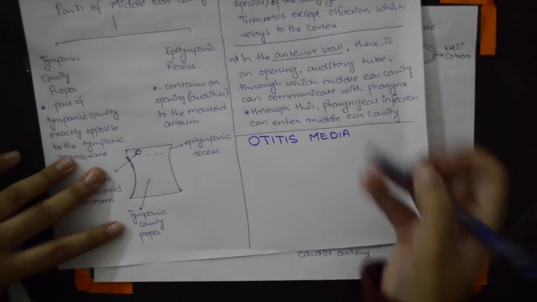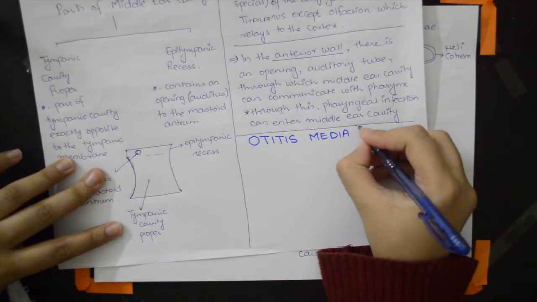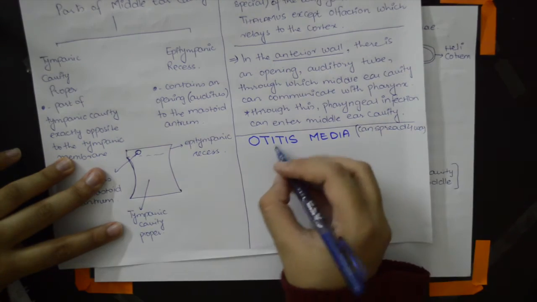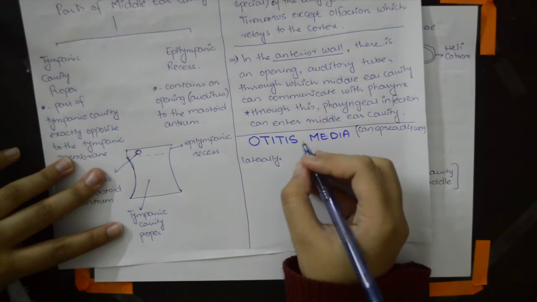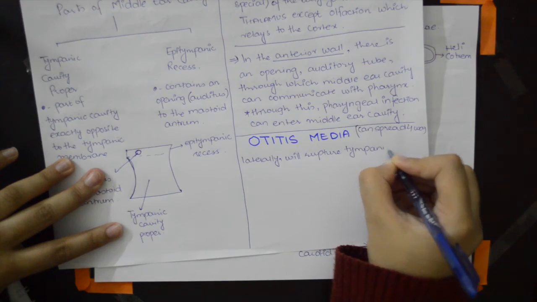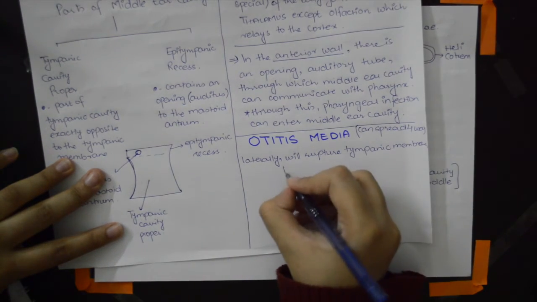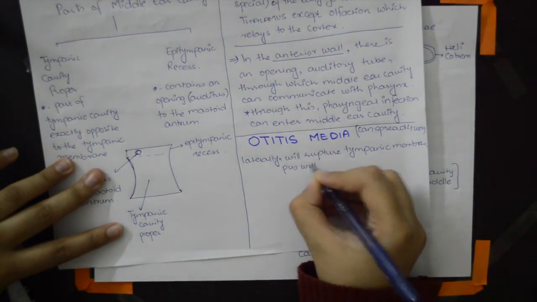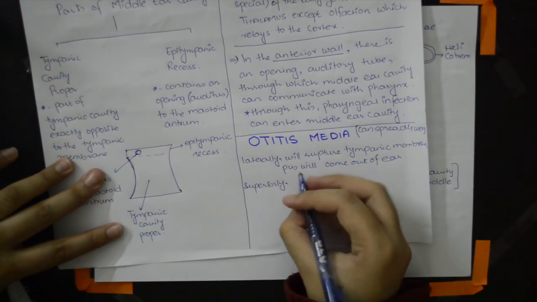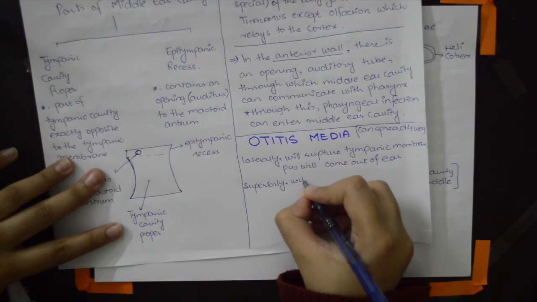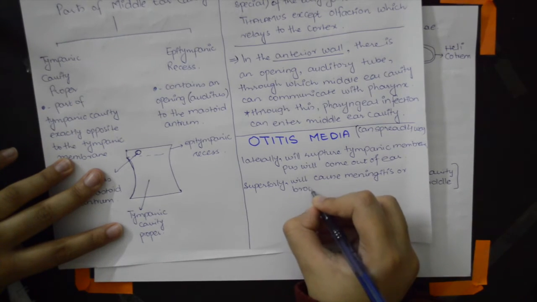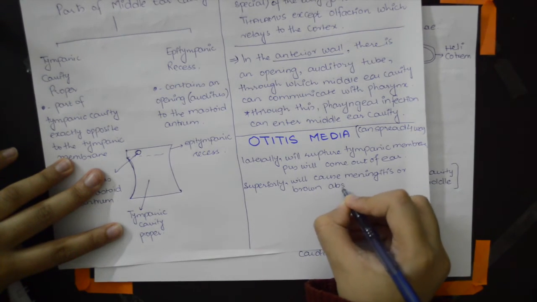So from this we know that otitis media can spread 4 ways. If it's laterally, it will rupture the tympanic membrane and the pus will come out of the ear. If it's superiorly, it will cause meningitis or brain abscess.